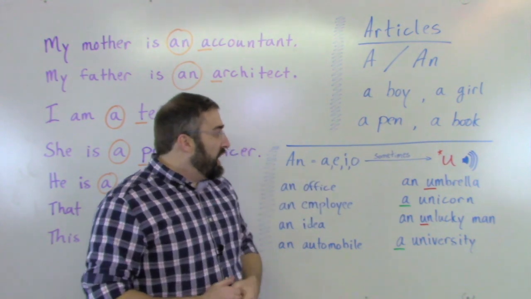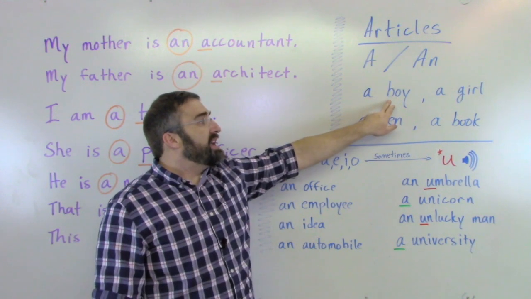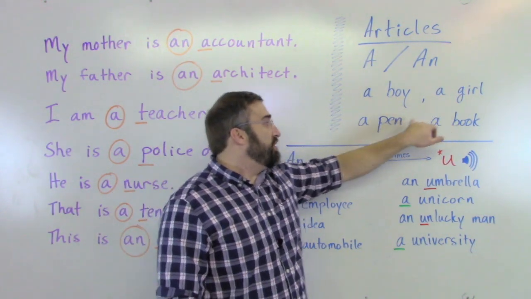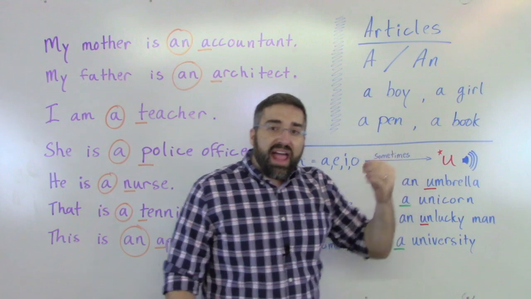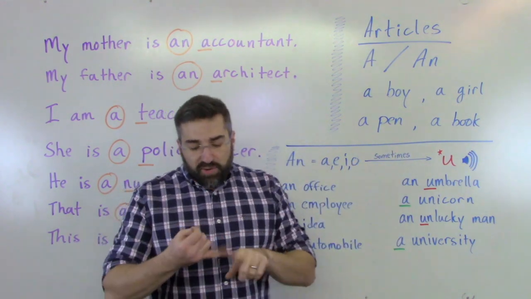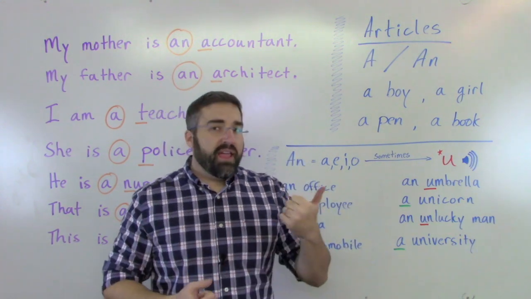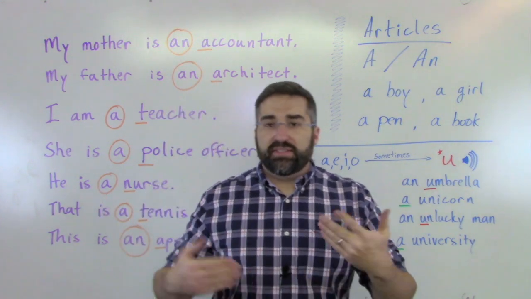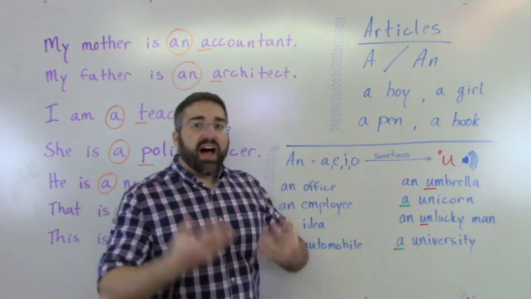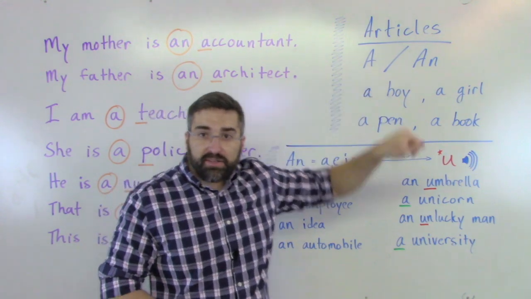So we use a with anything that has a B or a G or a P, right? We have to have that consonant sound. So B, C, D, F, G, M, L, P, S, T, all of the consonant sounds have a, okay?